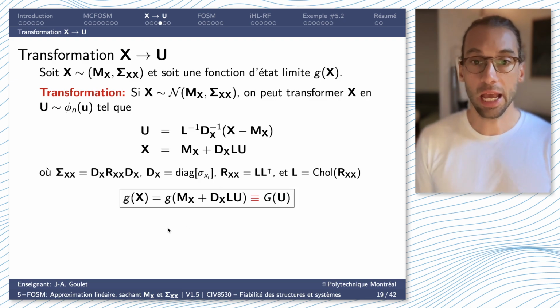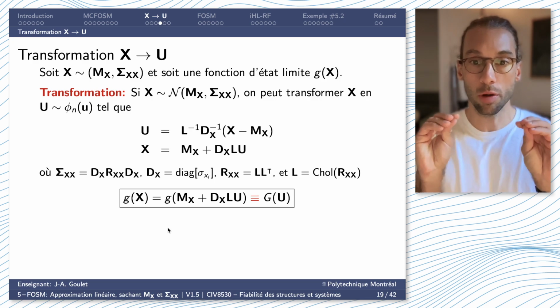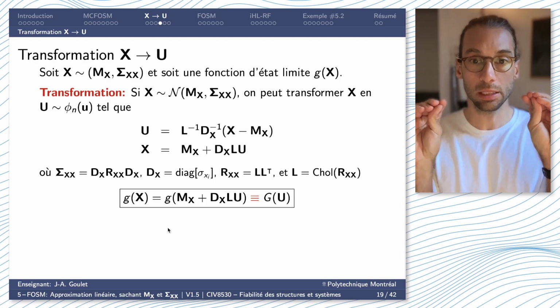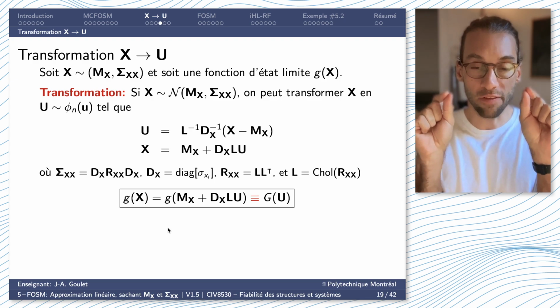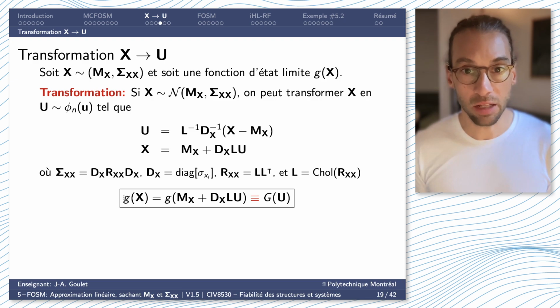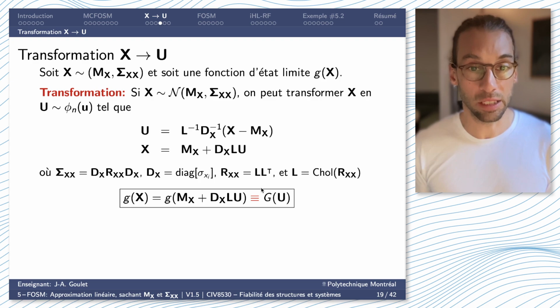Since there's a one-to-one mapping between the X space and the U space, if I know U and I know X, G of U should be equal. It means that the limit state function evaluated for a given x should take the same value as the limit state function evaluated in the u space.